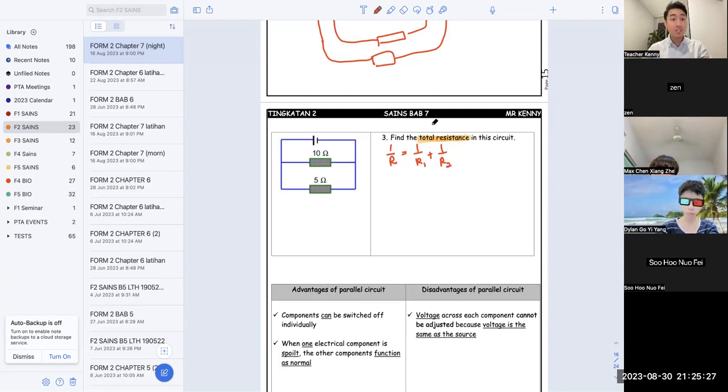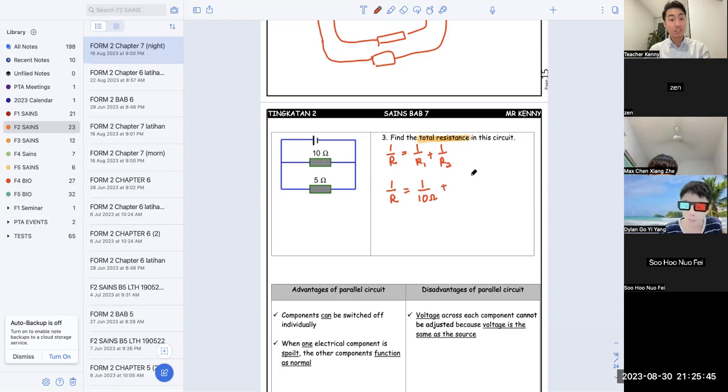Again, total resistance means the master resistance here. Okay, all good? So let's find the master. What is resistance number 1? They are fighting back with 10 ohm. Agree?